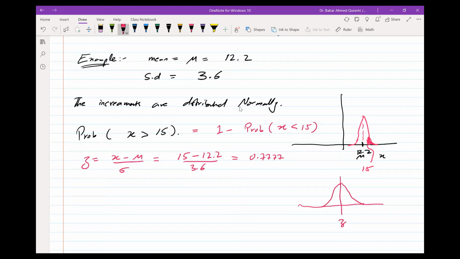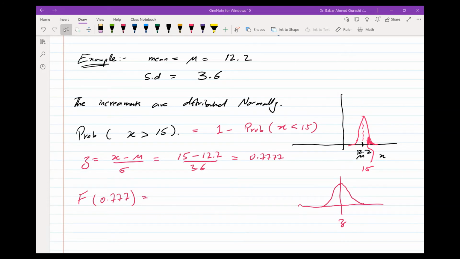Now you want to compute this function, which is just the probability of this z variable being less than 0.777. You can do it by looking up the table given in the book, or much easier, you can go to, for example, this website.